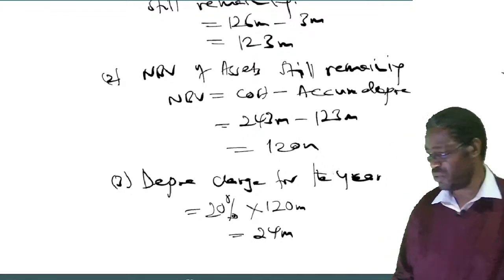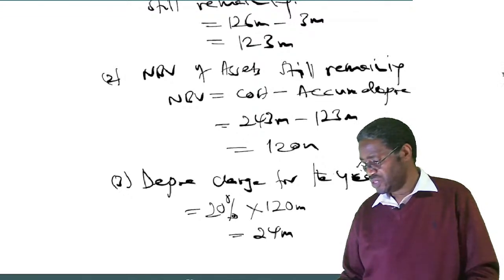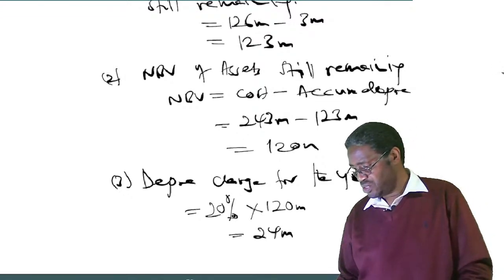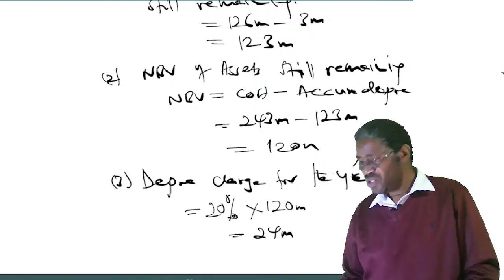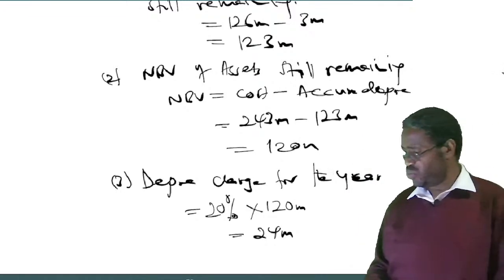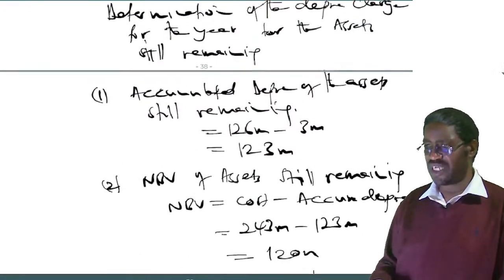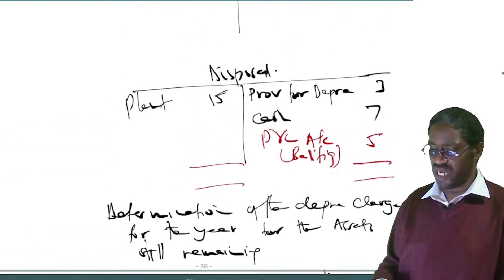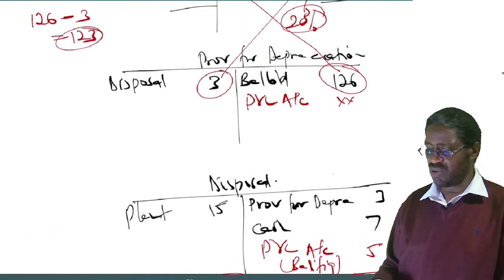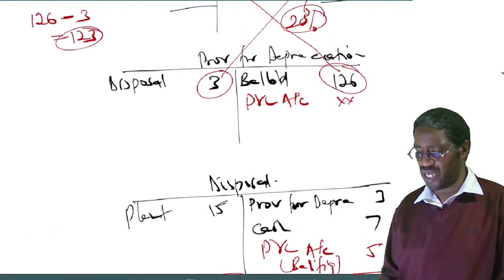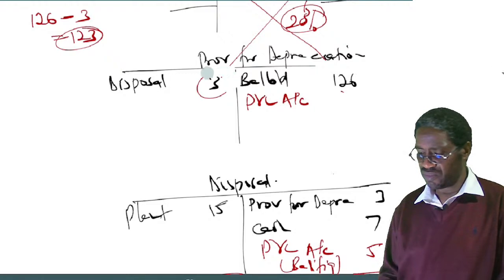That is 24. Good. So we now use that 24. Let's take it back to the account now. Take it to the account called provision for depreciation now.